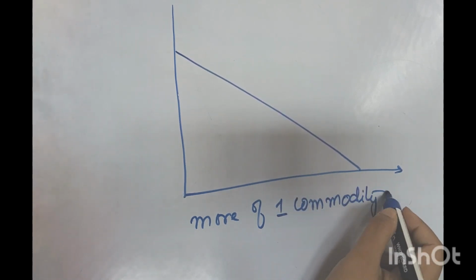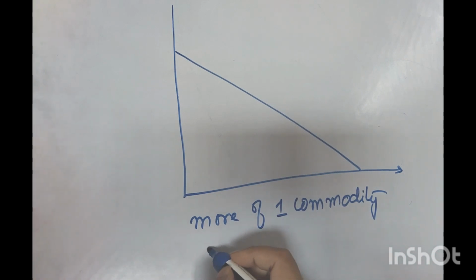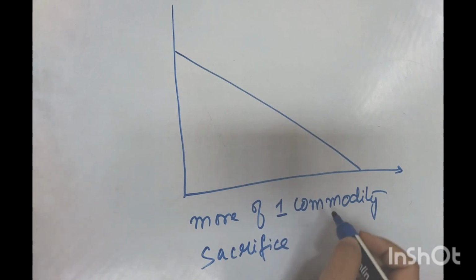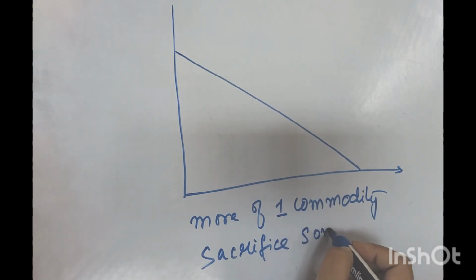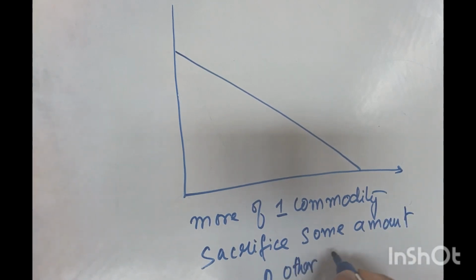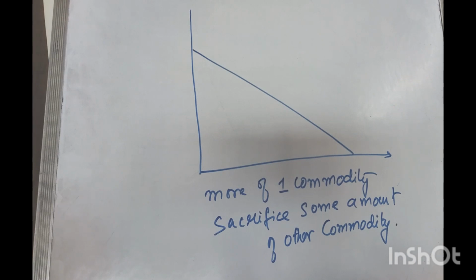He has to sacrifice some amount of the other commodity. Otherwise he cannot get more of it.